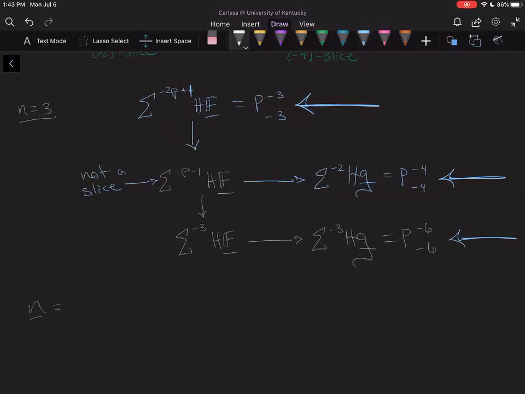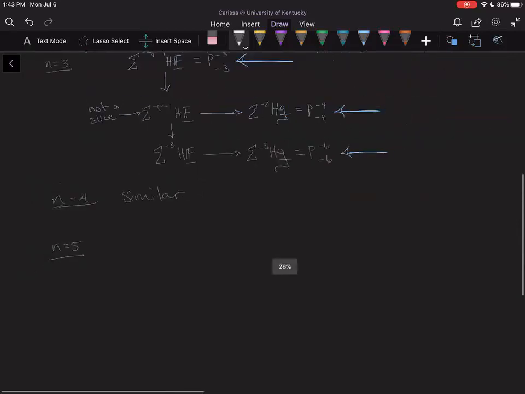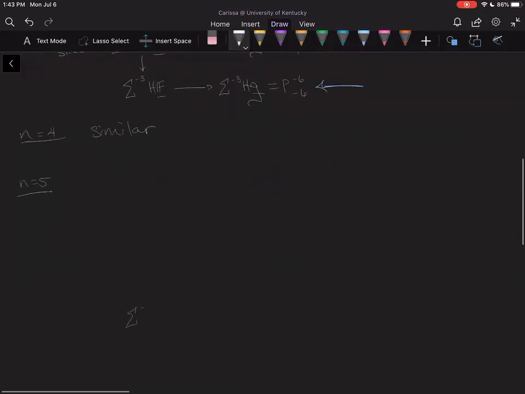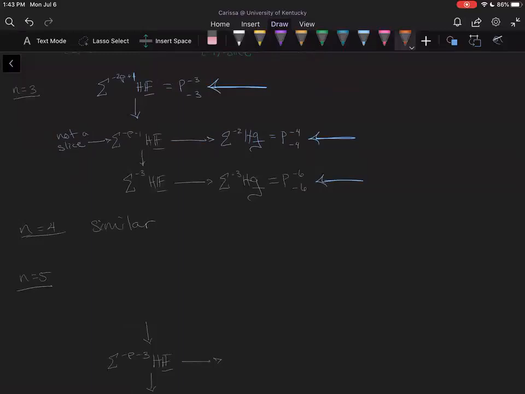When we move on to n equals 4, it's the same thing. And I'll show you n equal to 5. Spoiler, it's basically the same deal. We'll start down here with the negative 5 suspension, negative rho minus 3. Now remember, the negative 3 suspension is not a slice because it has a non-trivial tower. So we're going to play the same game as earlier, where we take this whole thing and we desuspend by rho.